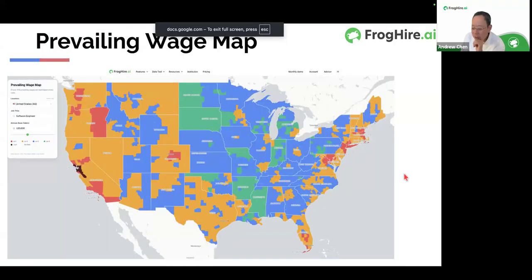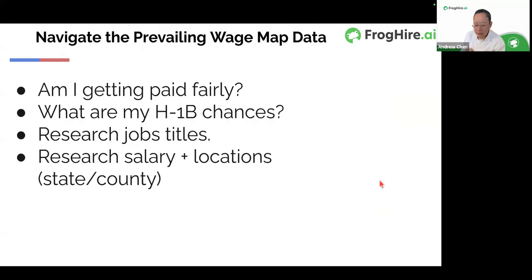Okay, so here's the prevailing wage map. It can answer the question, am I getting paid fairly? For domestic students, more and more are using FrogHire.ai just to see, can I get a better offer? And for international students, what are my H1B chances?